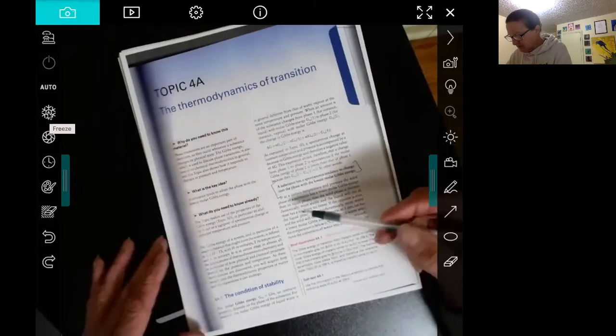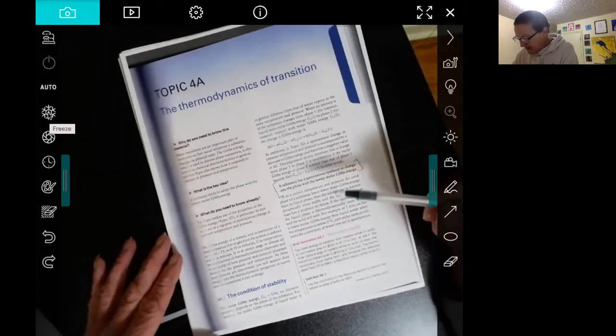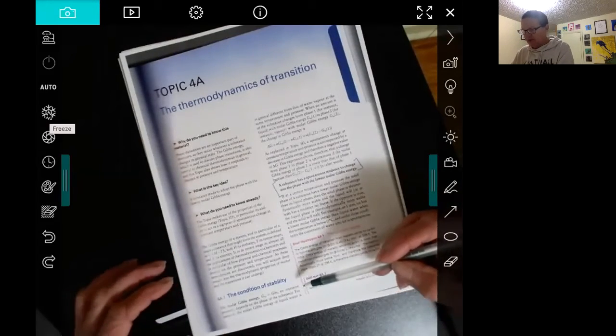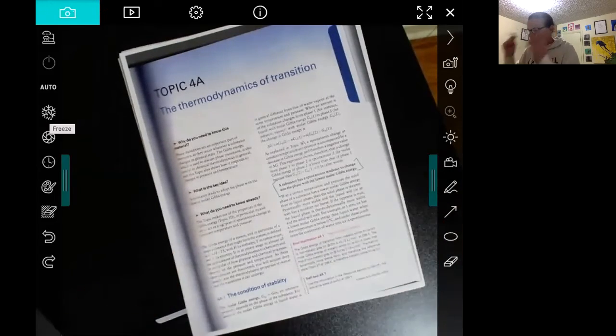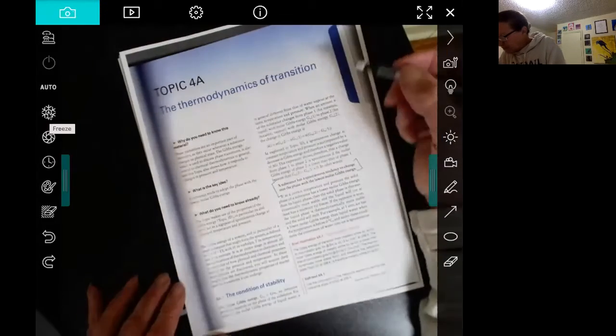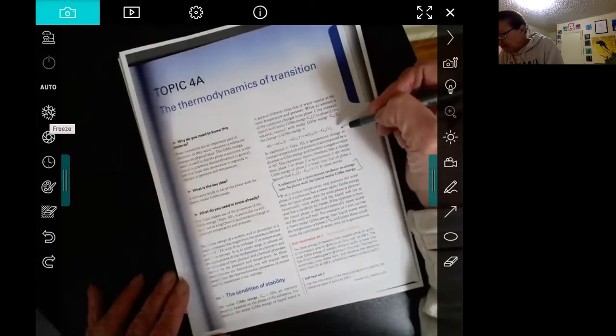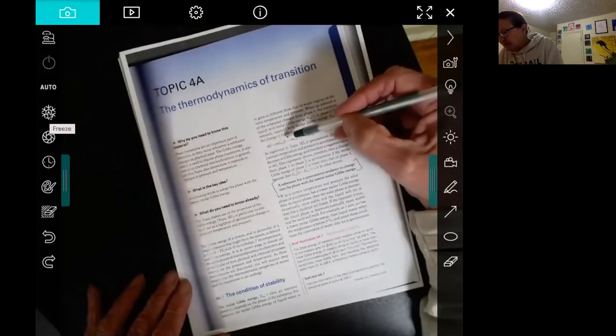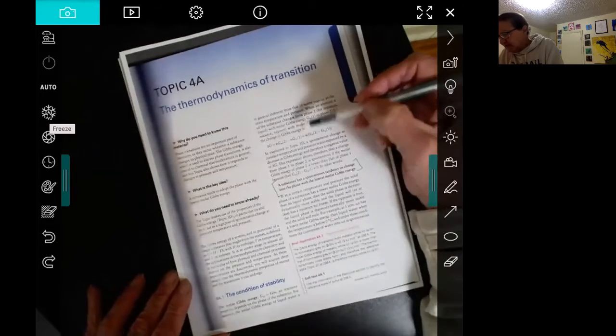So we're going to focus on the Gibbs energy and in general talk about the molar Gibbs energy because we're talking about different phases. And so that reminds us how we would get a delta G. It would be the delta G difference between second phase and the first phase.